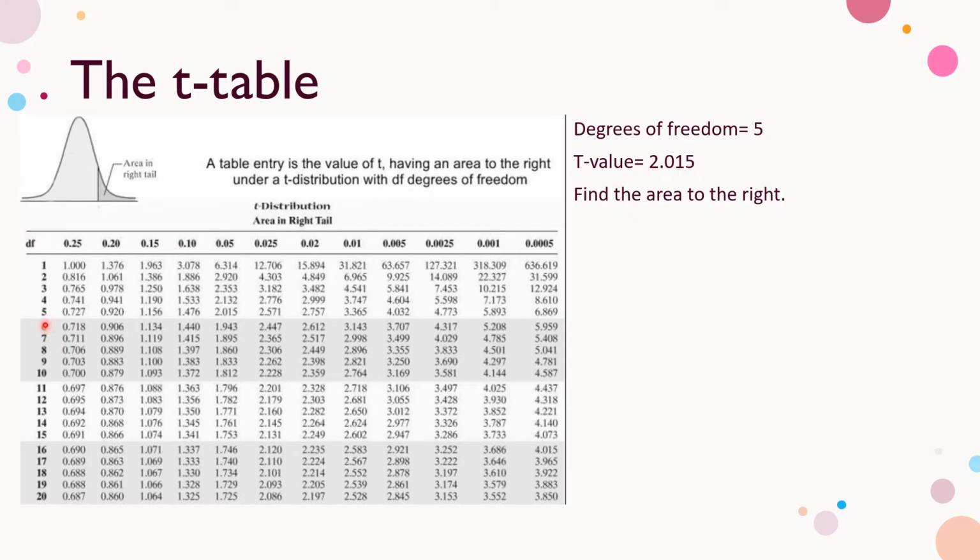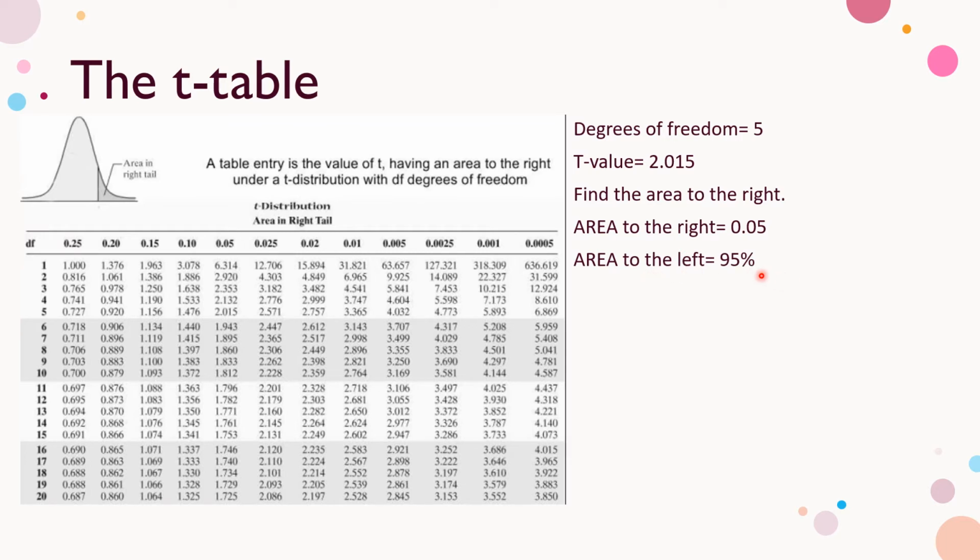So under the column of the 5 degrees of freedom, we look for 2.015, which is found in this part. And so the corresponding area to the right, or in its right tail, is 0.05. So the area to the right is equal to 0.05, and then the area to the left is equal to 95%.